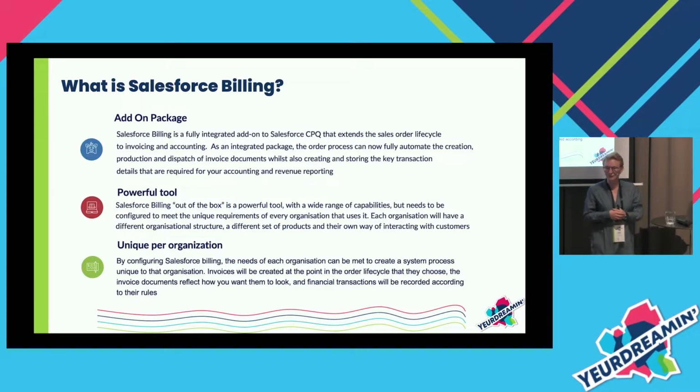But it's also a unique tool per organization. Why? Plenty of organizations have one legal entity or even more legal entities. So implementations for Salesforce Billing are rather unique per customer, which is very nice, seeing the capabilities of the tool. In fact, at every implementation, you can make your tool unique based on their requirements, but also based on legislation in other countries or whatsoever.